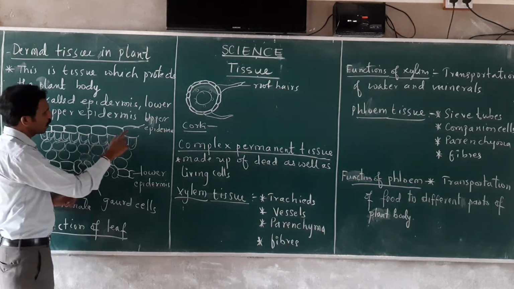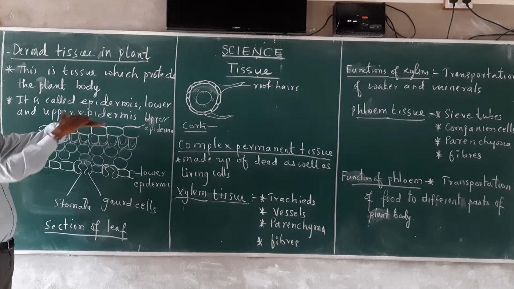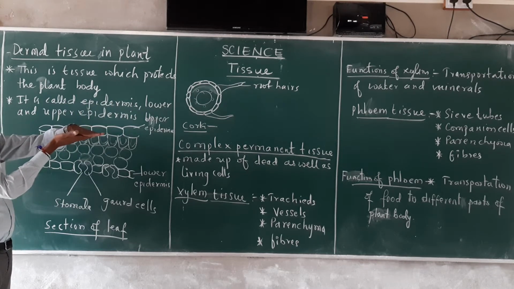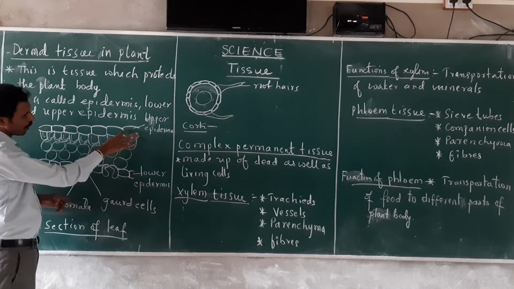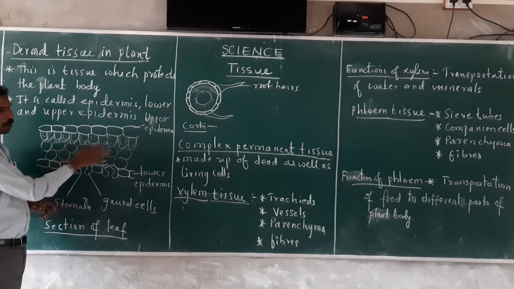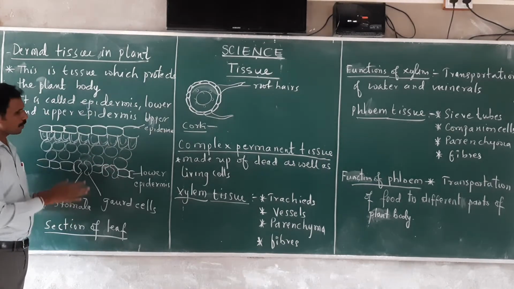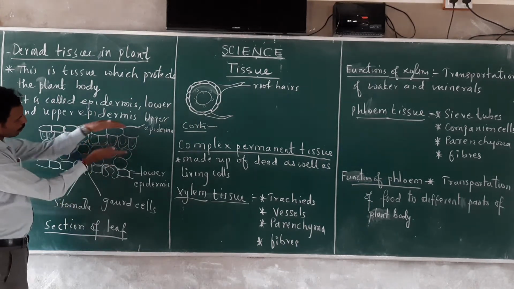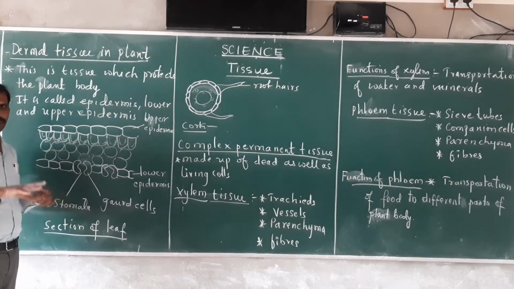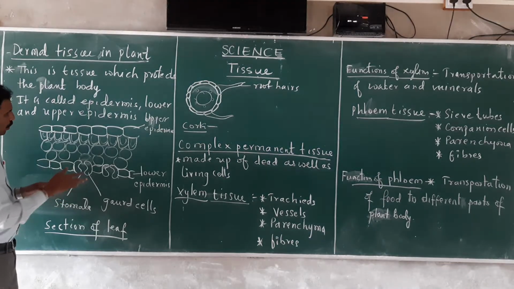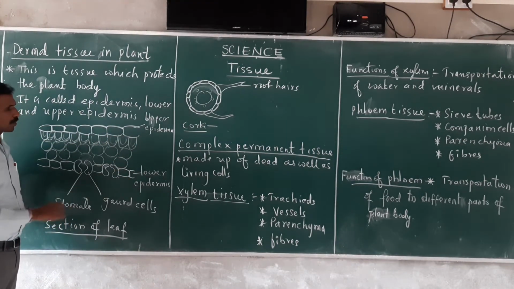This is the upper epidermis, and this is the lower epidermis. In between the lower epidermis and upper epidermis, there are certain cells, palisade cells, mesophyll, which help in photosynthesis, storage of food and all. So I am talking about these two now, upper epidermis and lower epidermis.